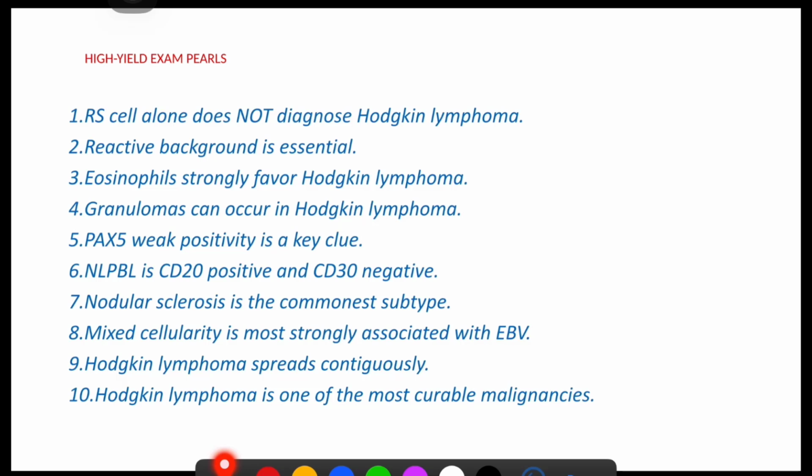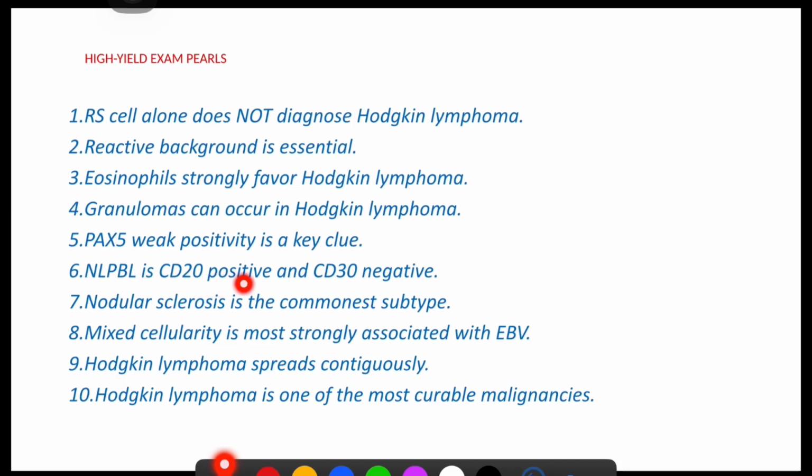For Hodgkin's lymphoma, these are the important points to remember. First, RS cells alone do not diagnose Hodgkin's lymphoma. Second, a reactive background is essential to diagnose it. Eosinophils strongly favor Hodgkin's lymphoma. Granulomas can occur in Hodgkin's lymphoma. PAX5 weak positivity is an important clue.